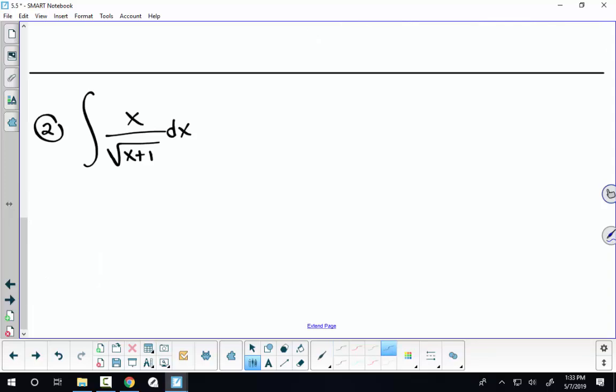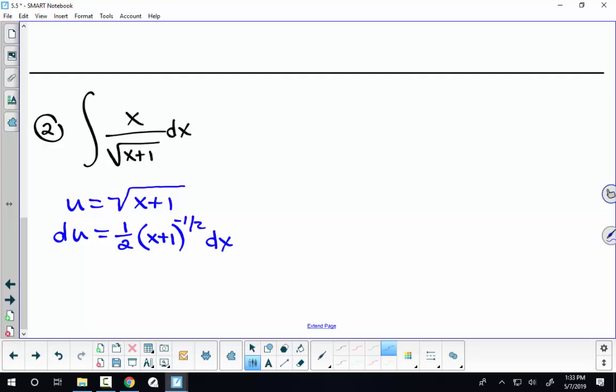So another substitution that'll work here is to let u equal the entire denominator. Let's let u equal the square root of x plus 1. Now notice I can take the derivative of my substitution as it is, but it's a little bit clunky at this point, because the derivative here is 1/2 times x plus 1 to the negative 1/2 dx.